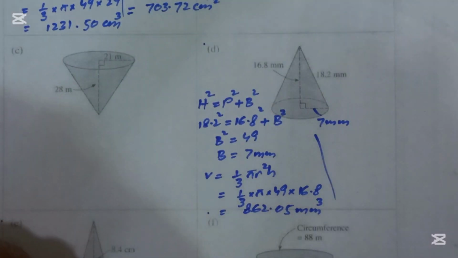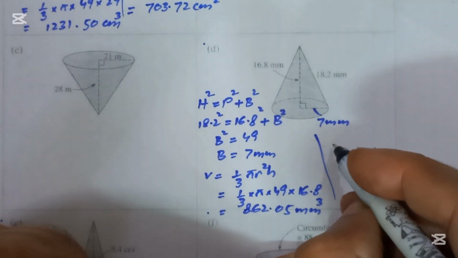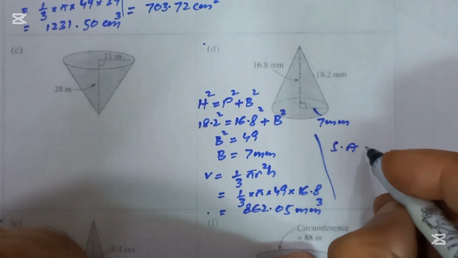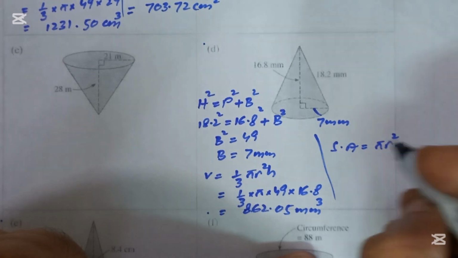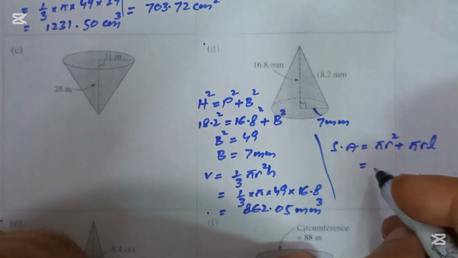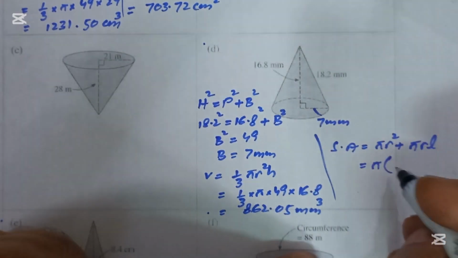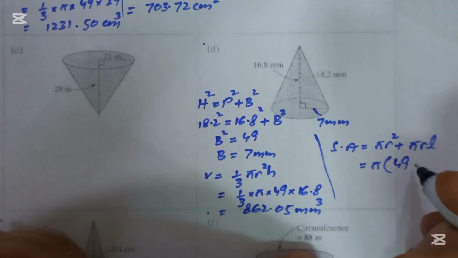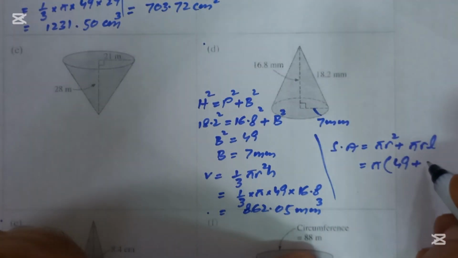The next requirement is to find the surface area of the cone. The surface area's formula will be base area, that is pi r square, plus curved surface area, whose formula is pi r l. Pi will be taken as common. R square will be 7 square, which is 49, plus r is 7 into l is 18.2.